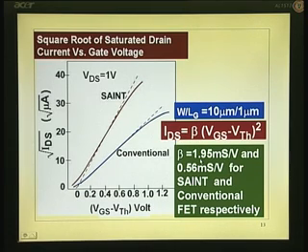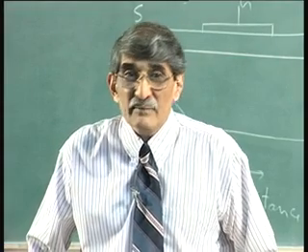It is in fact 1.95 milliampere per volt squared for SAINT, and for this it is about 0.56. Ratio of about 3.4, the ratio between these transconductances is about 3.4, tremendous.